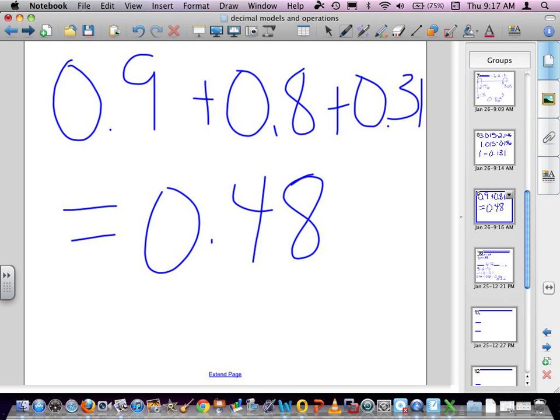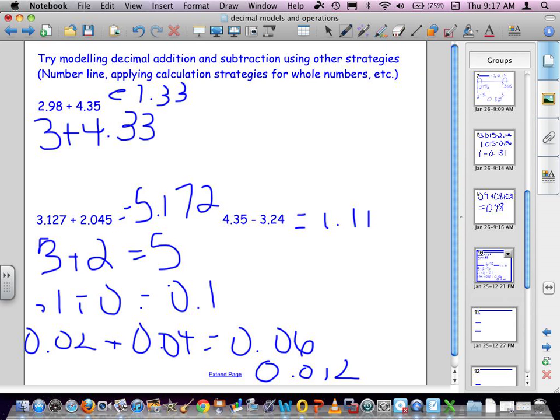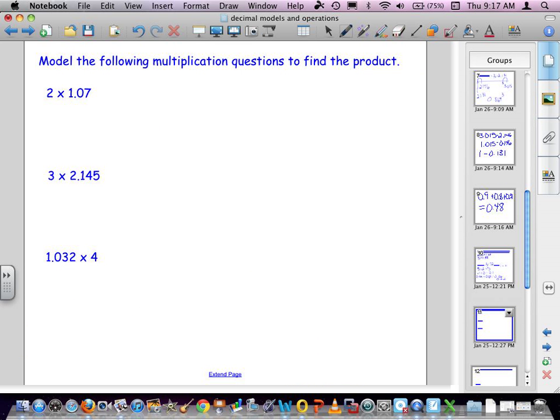Let's try and do some multiplication, shall we? What does multiplication mean? Repeated addition, multiples of, or sets of, or jumps of, or rows of, area, it can be an area, right?